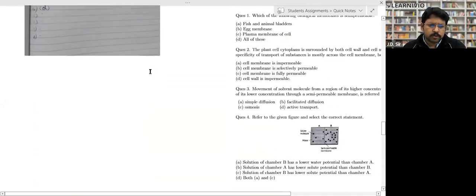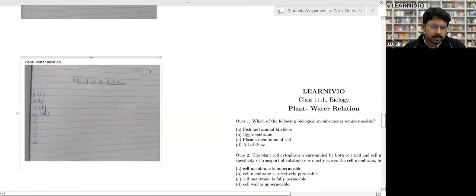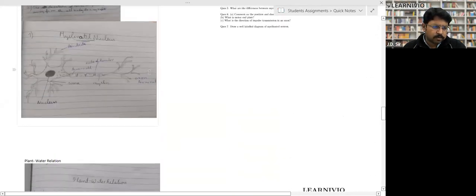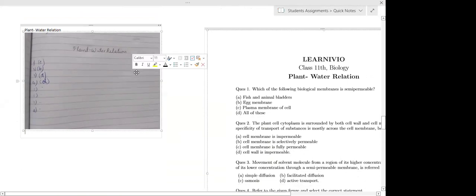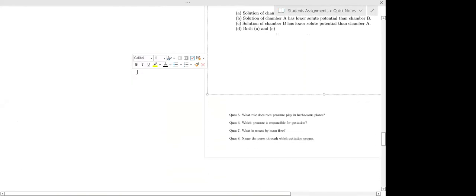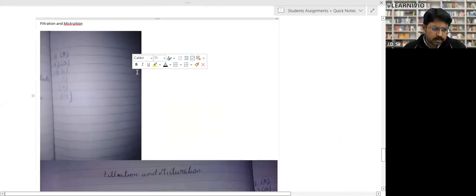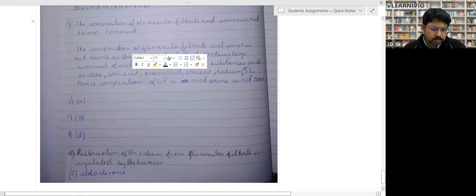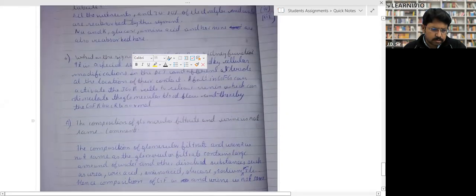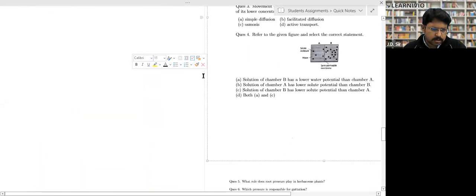Then which one have you submitted? This one, plant water relation. I think this should be the latest one, but it's not there. Filtration and micturition is the latest one.